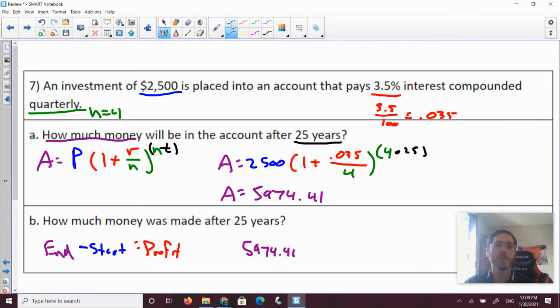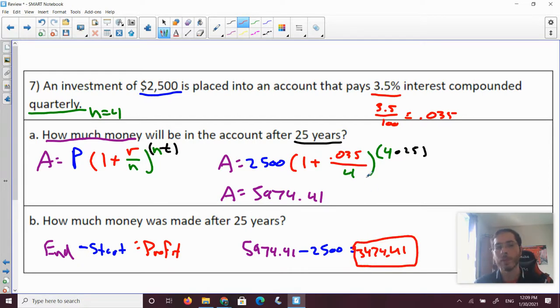So 5974.41 minus 2,500 is going to be, well, we get the 41. We get the 74. 9 minus 5 is 4. 5 minus 2 is 3. So $3,474.41. So we'll just subtract those. Again, you can throw that in a calculator if you want. This one turned out to be nice. We could do that without a calculator.